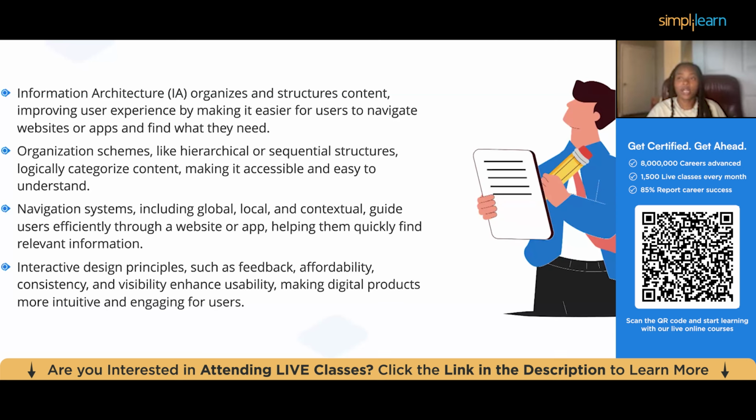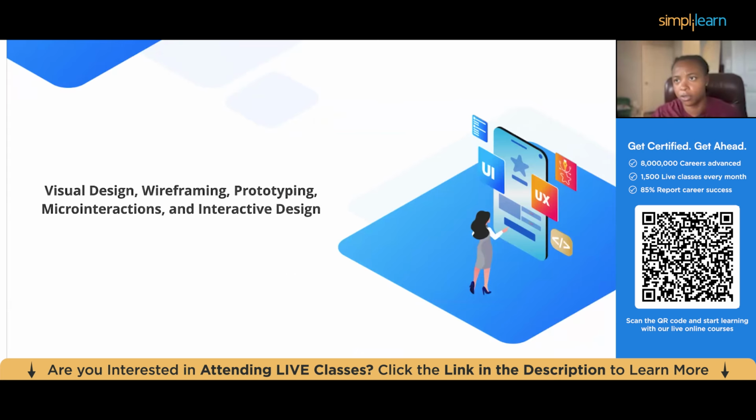While interactive design principles such as feedback, affordance, consistency, and visibility enhance usability, making digital products more intuitive and engaging for users. Continues with visual design, wireframing, prototyping, microinteractions, and interactive design.